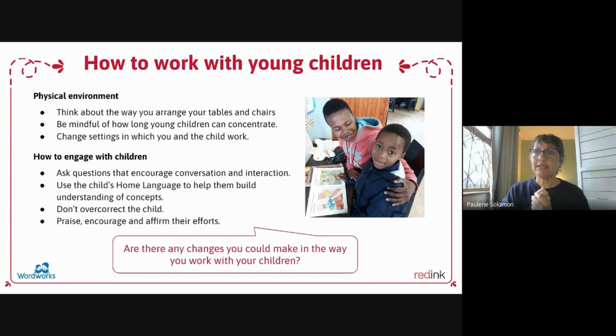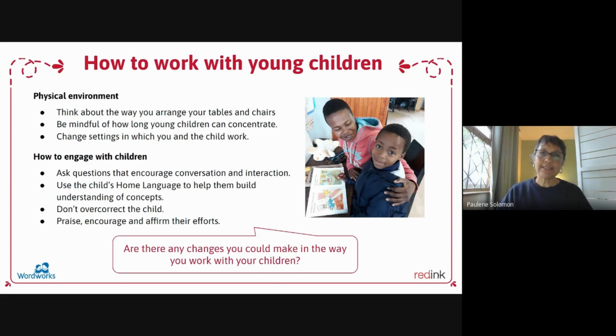And then if you're in a tutor setting and you've got it set up for that, remember that you can still change the settings that you work in. So for example, when it's story time, especially the read aloud stories or even the little book stories, and it's a lovely day, can you go outside?